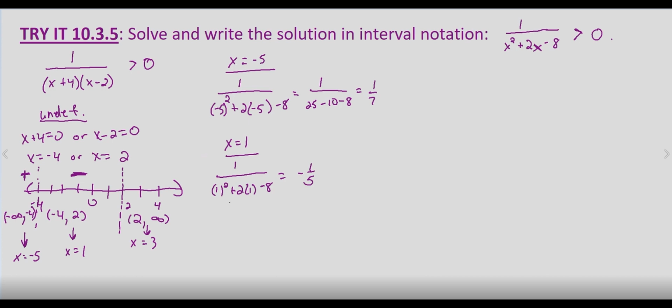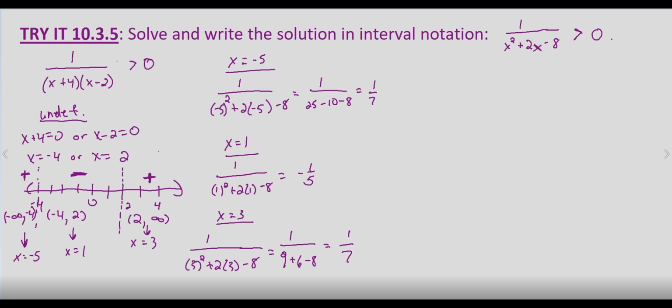And then finally, x equals 3 for the interval 2 to infinity. So we have 1 over 3 squared plus 2 times 3 minus 8, which equals 1 over 9 plus 6 minus 8, which equals 1 over 7, which again is positive.